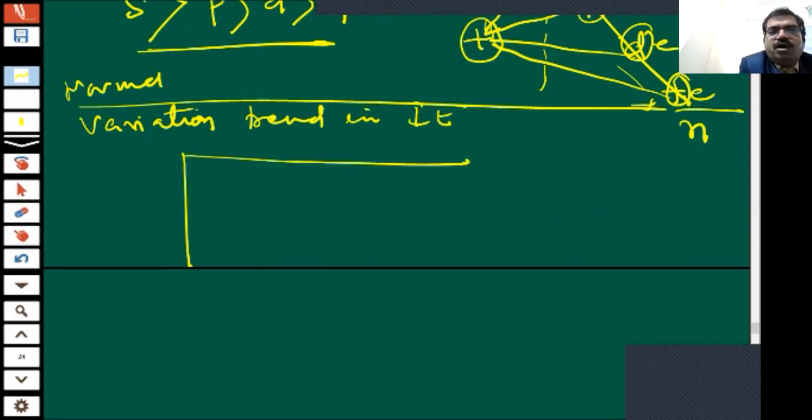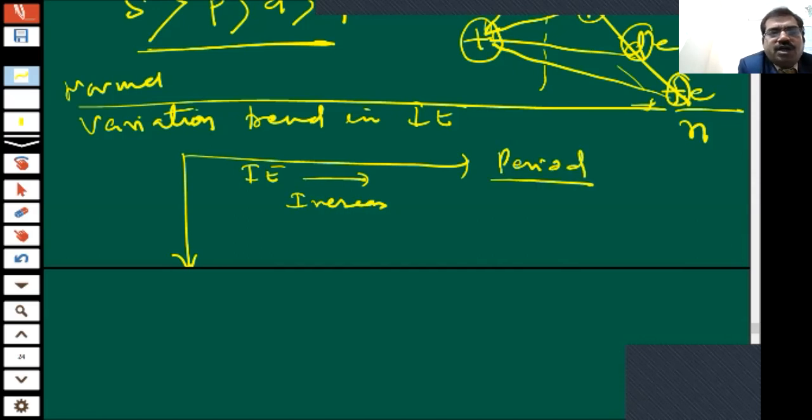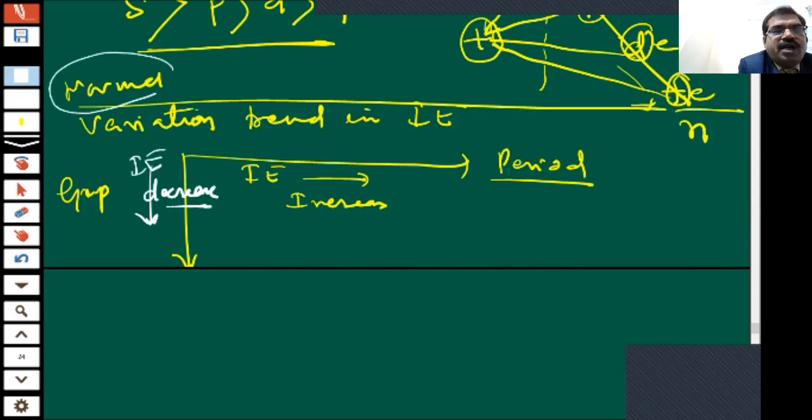That trend I already told you: ionization energy increases in a period. This horizontal row is known as period and vertical is known as group. So ionization energy, children, try to understand, decreases when we come from top to bottom. This is the normal trend.